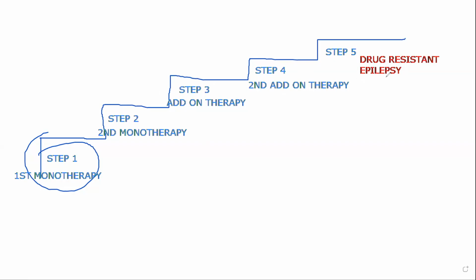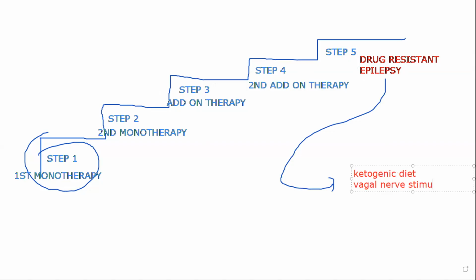How we treat drug-resistant epilepsy are those non-pharmacological measures that we mentioned before: the ketogenic diet, vagal nerve stimulation, epilepsy surgery.